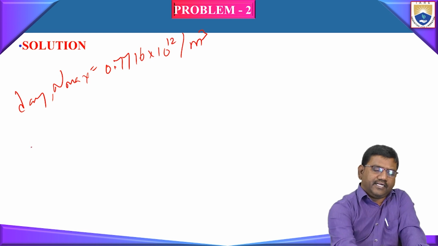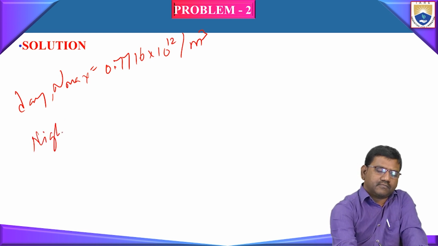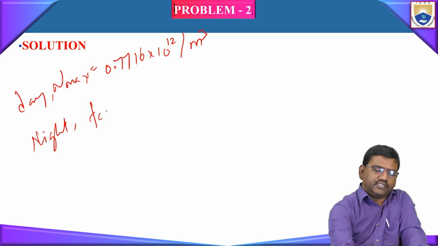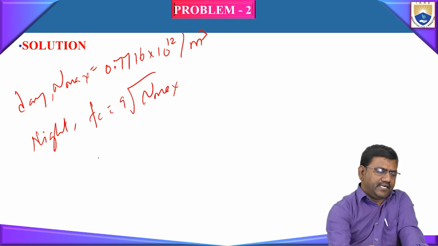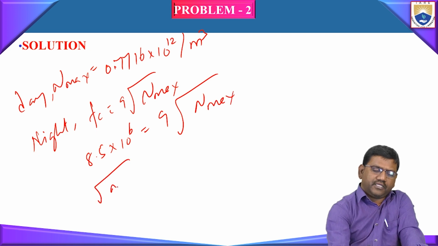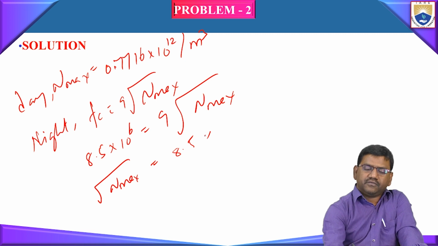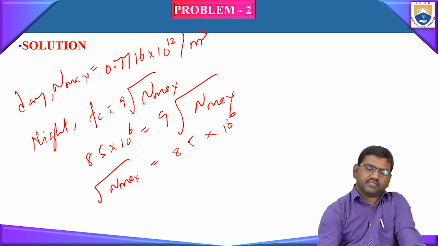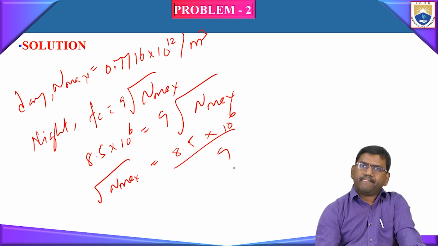And similarly for the F layer, Fc is equal to 9 root N max. It is given as 8.5 into 10 power 6, equal to 9 root N max, so root N max is equal to 8.5 into 10 power 6 divided by 9.